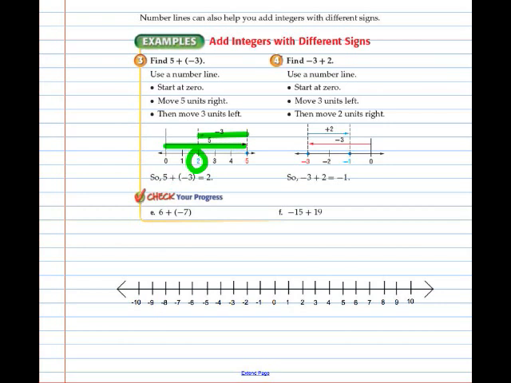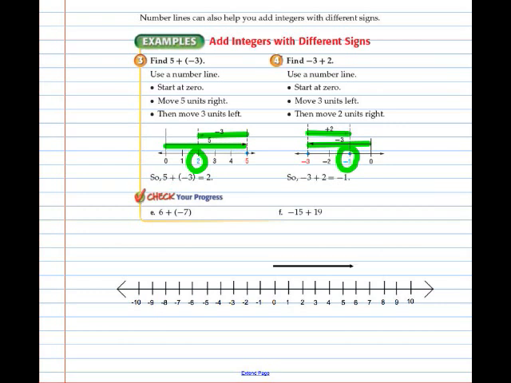-3 plus 2, again starting at 0, going 3 to the left, representing negative, back 2 to the right, representing +2. So -3 plus 2 is 1. Using the number line at the bottom as a tool to do 6 plus -7, we're going to start at 0.